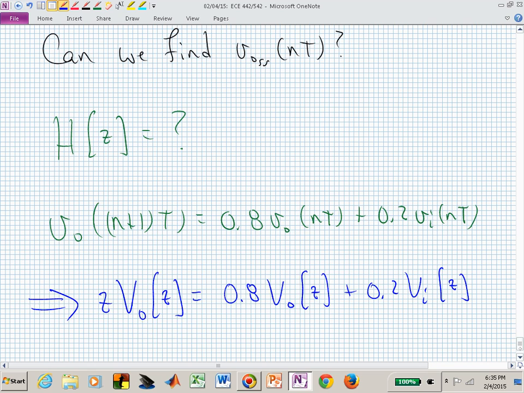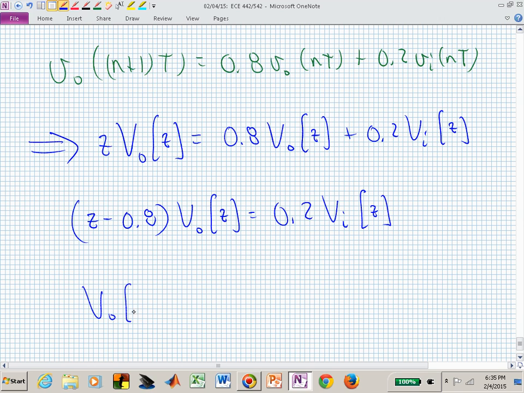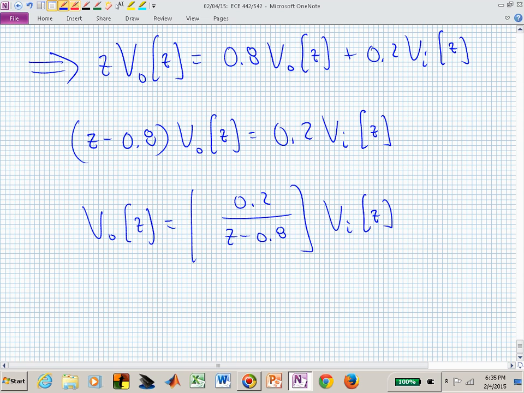Likewise with v sub I. We group similar terms, and now we have v naught over v I is 0.2 over z minus 0.8. This is what we wanted for starters. This is now H of z.